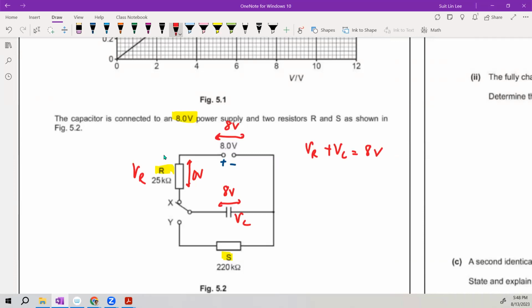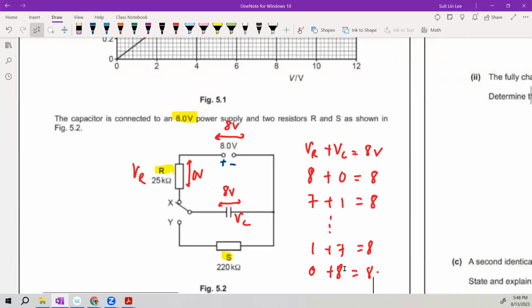So in the beginning, it will probably look something like 8 plus 0 is 8. Then you will reach 7 plus 1 is 8. And then eventually you will reach 1 plus 7 is 8. And then 0 plus 8 is 8. So the capacitor voltage will increase until it's 8. When it's at 8, current will stop flowing. The resistor voltage will drop.